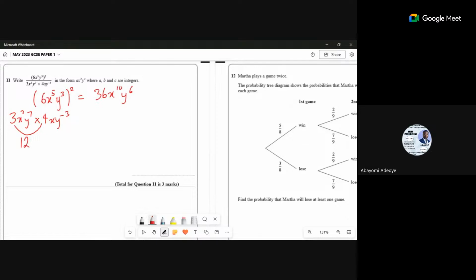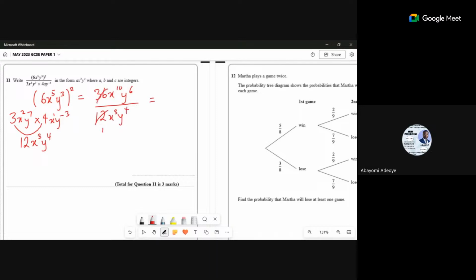Use indices here. This is power 1, so add the powers on x. 2 plus 1 is 3. Then y, 7 plus -3 is 4. So you have 12x cubed y to the power 4.